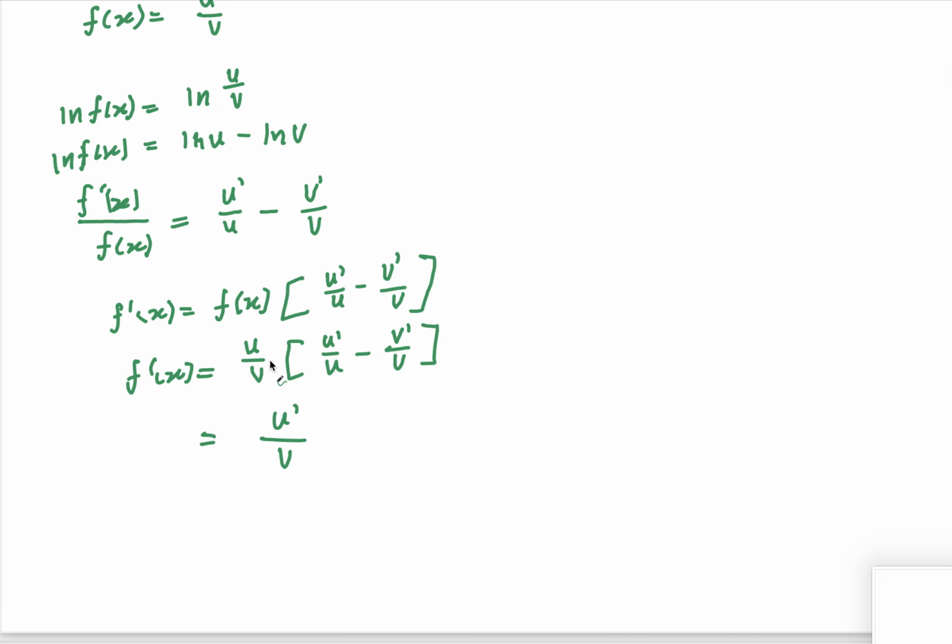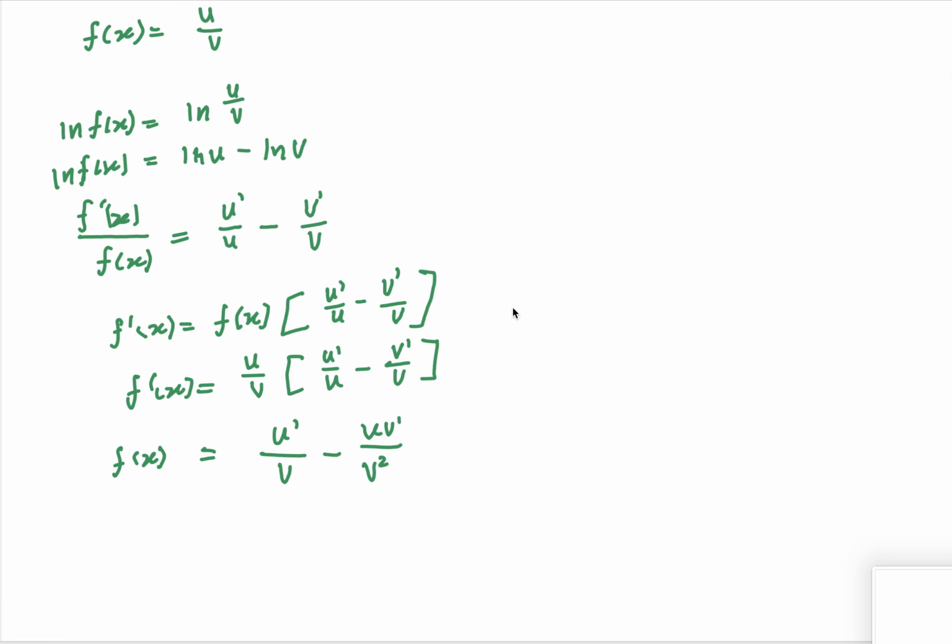Then you go to the second part. That v and that v will basically equal v squared, times the u v prime. Now this equals f prime of x.